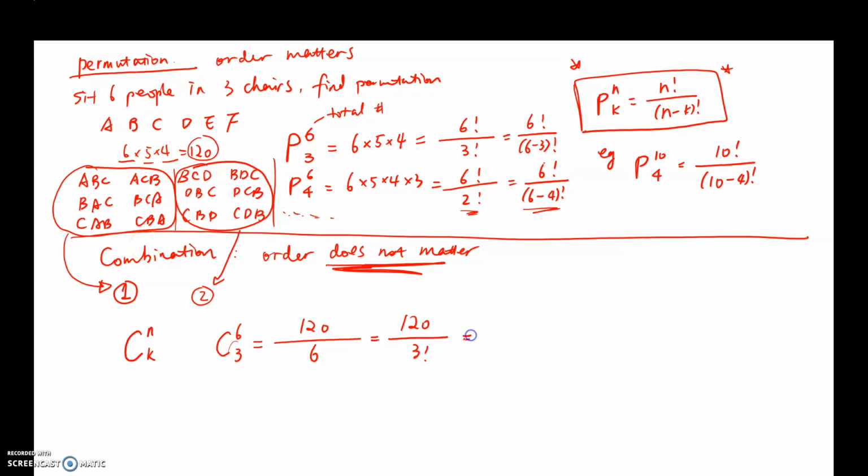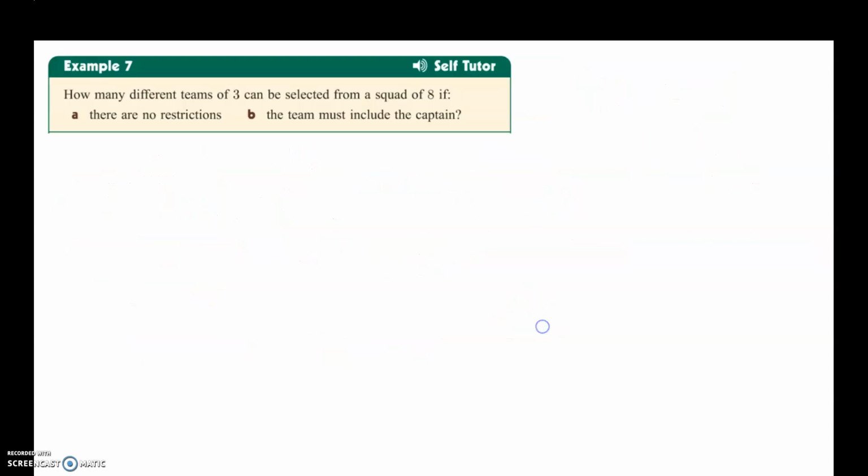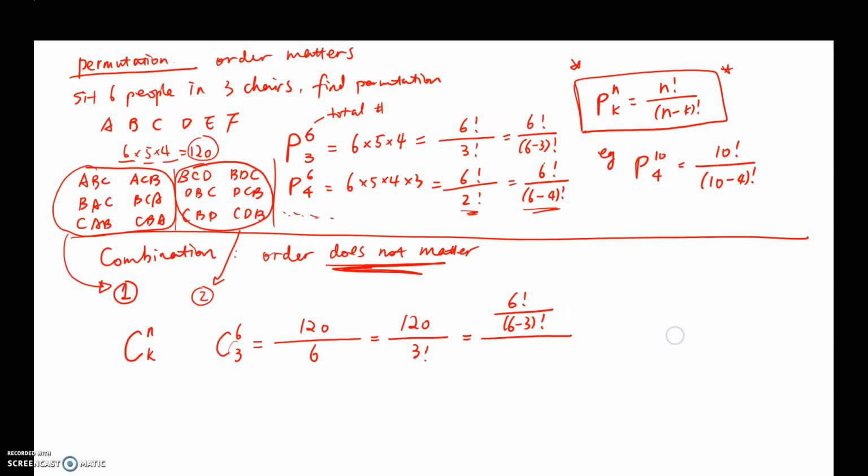So I can also write it as 6 factorial over (6 take 3) factorial. That's from the formula here. And then divide by 3 factorial.